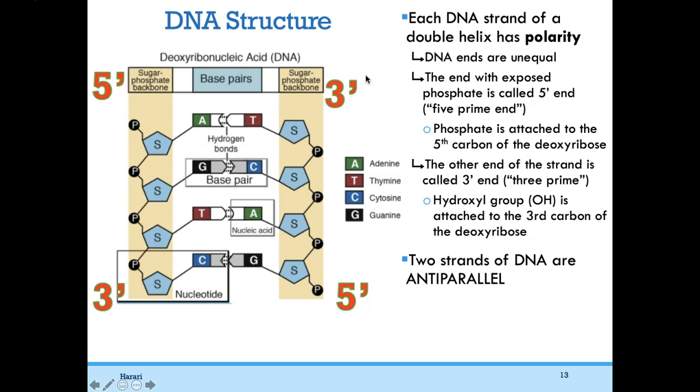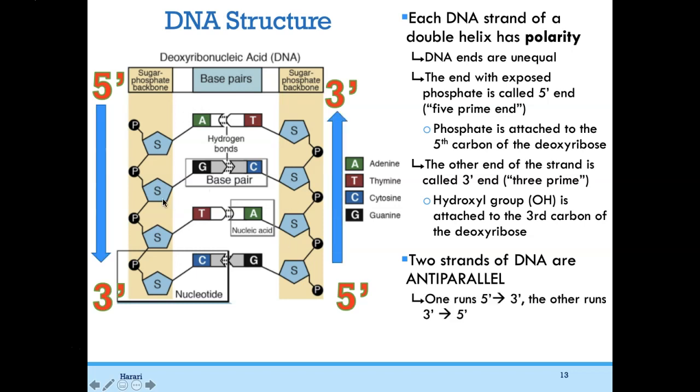The two DNA strands of a double helix are anti-parallel, right? Meaning that the sugar phosphate groups that are chained together to make each strand are oriented in opposite directions. One strand runs 5' to 3'.